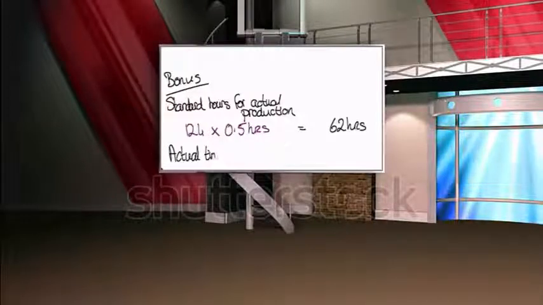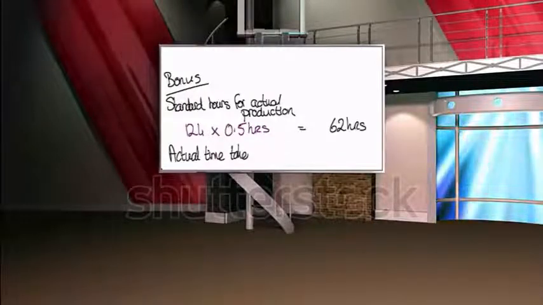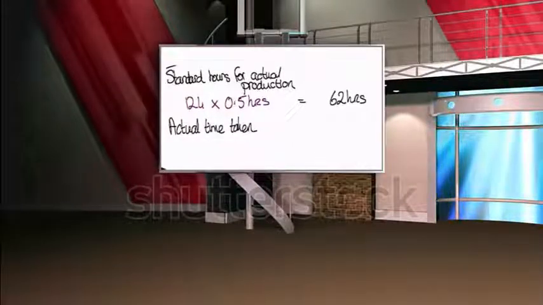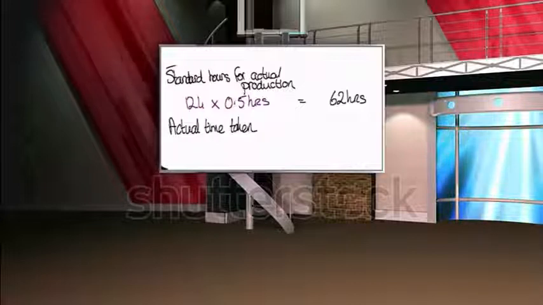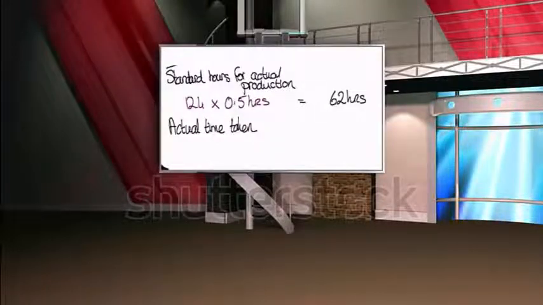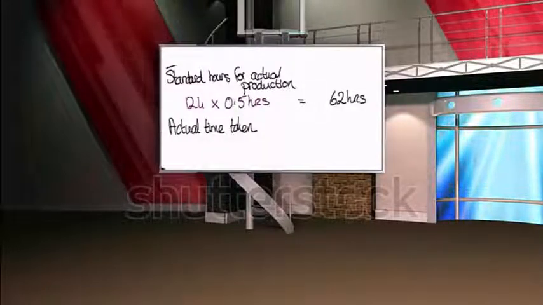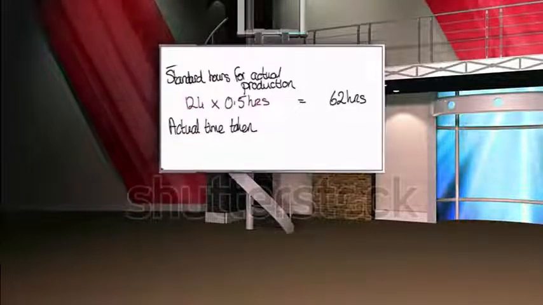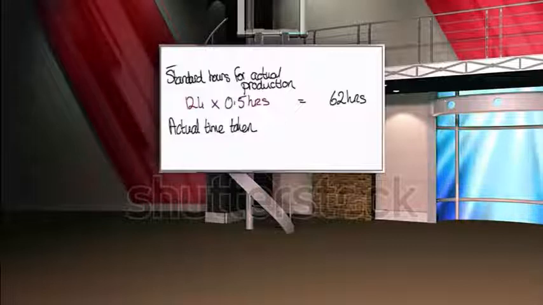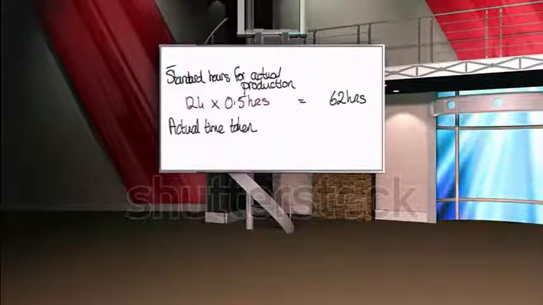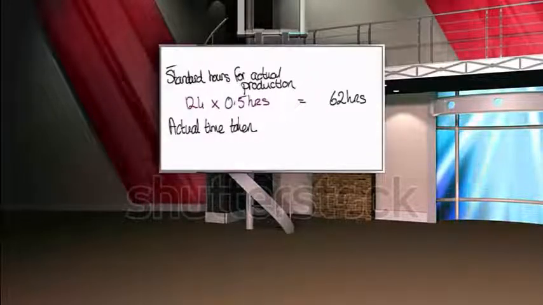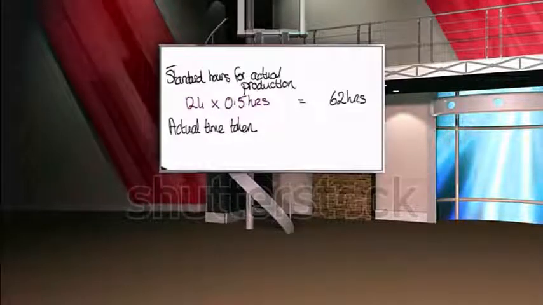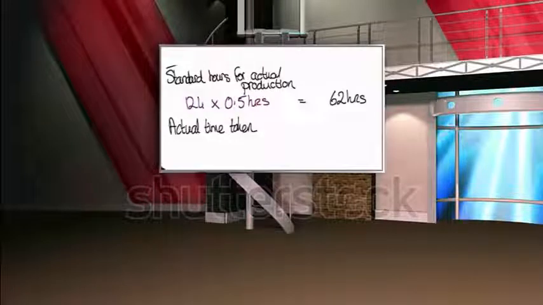Now we need to compare this to the actual time taken. And we need to be careful here. How long has it taken Johnson to produce these 124 units? Well, we have been told that she was at work for 54 hours. However, 4 of those hours were idle time when there was a machine breakdown and she could not be productive.